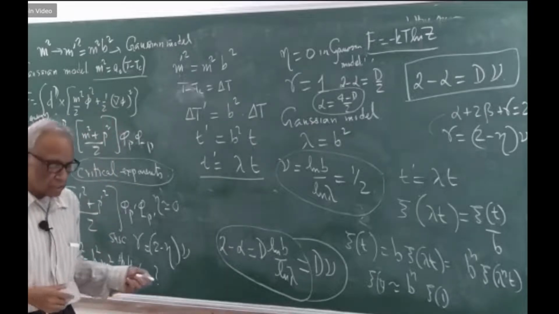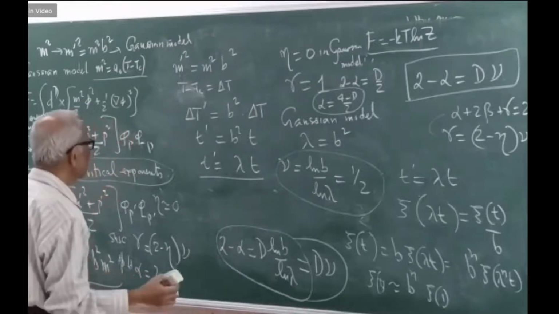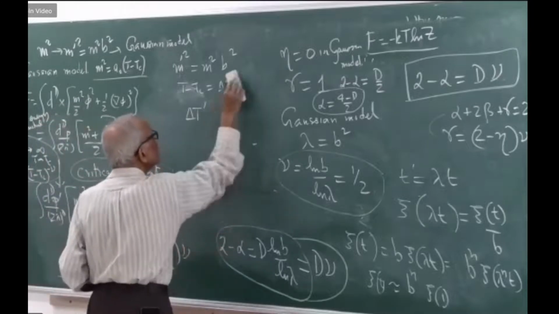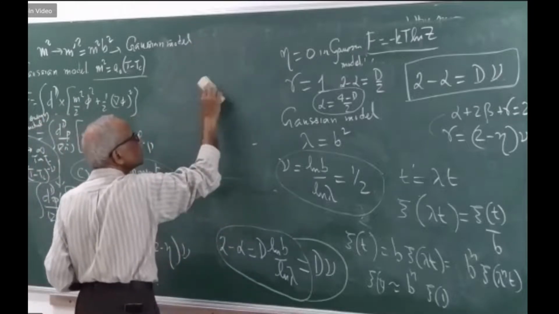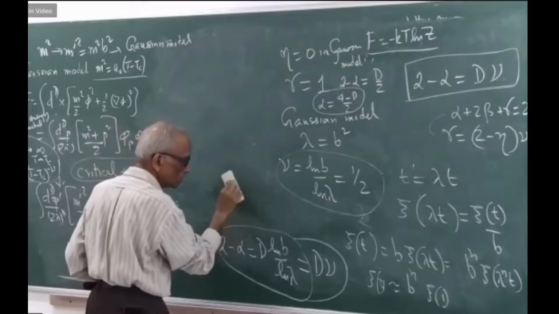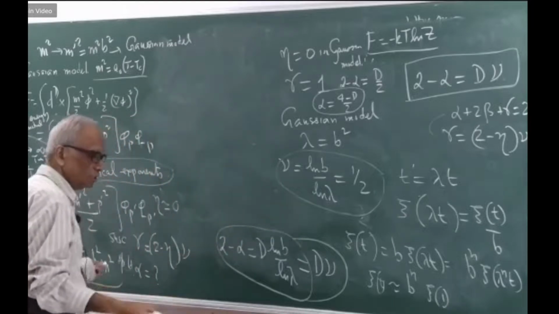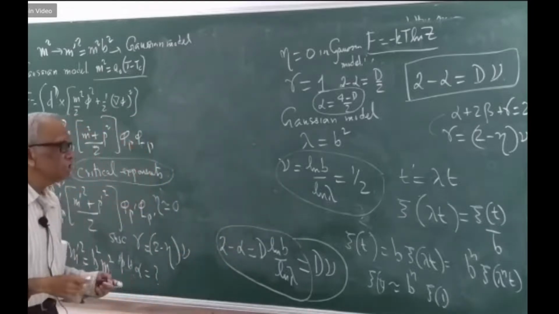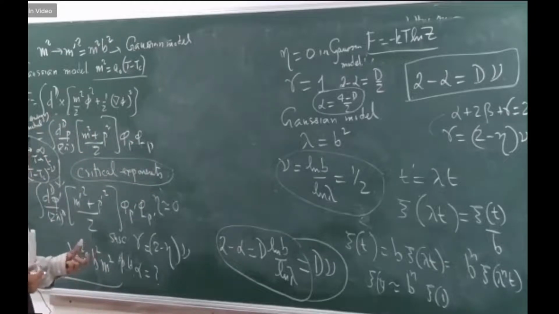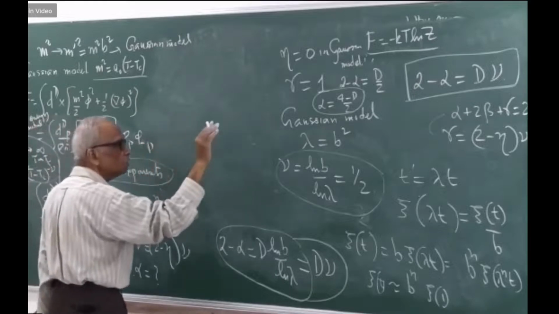I think that when I had done the Gaussian model explicitly by working out the partition function integral, we had calculated the specific heat exponent. If I had not, I can't be absolute, but I certainly remember doing it anyway.